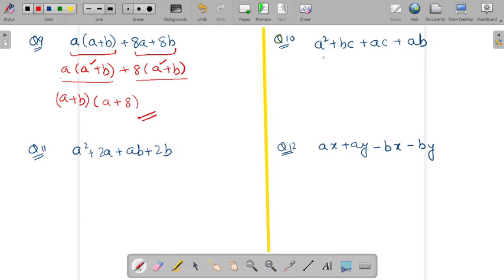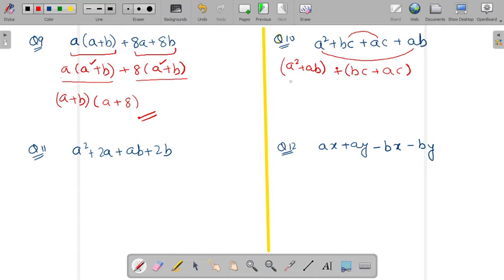In question 10, if you see, in the first two terms you can't take anything common. Though we can take common over here, but in the first two terms we can't take it common. So here we will regroup the terms. So we will combine these two together and these two we will write together. So a square plus ab, we will rearrange the terms, and bc plus ac, we will take them together.